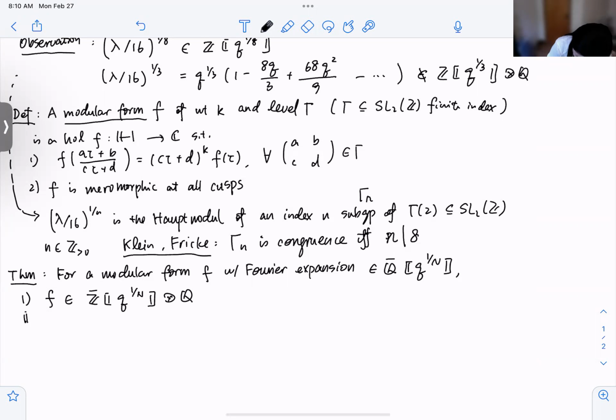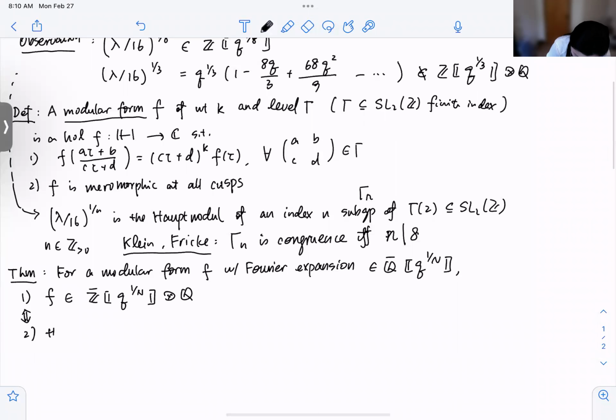So f has bounded denominators in the Fourier expansion if and only if the largest gamma such that f is of level gamma is congruence.